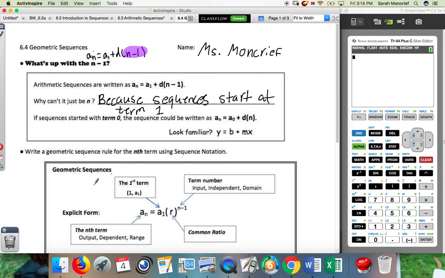If we remember the arithmetic sequence 2, 4, 6, and 8, 2 is our first term, not our 0 term.